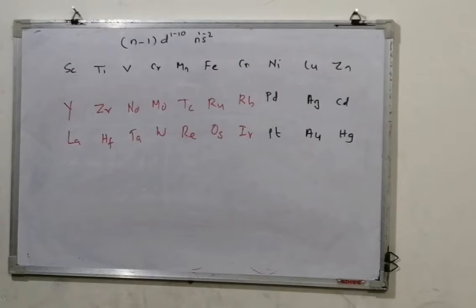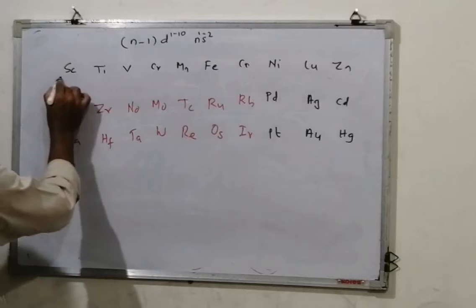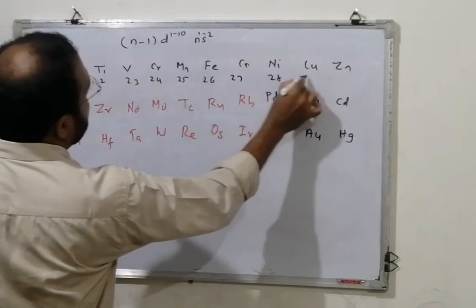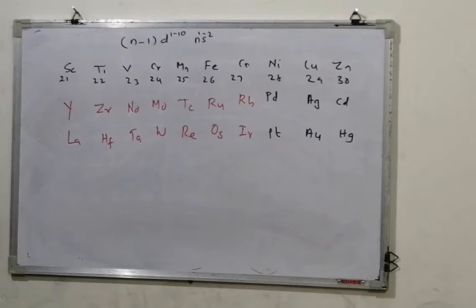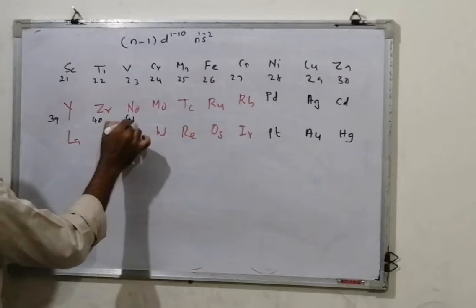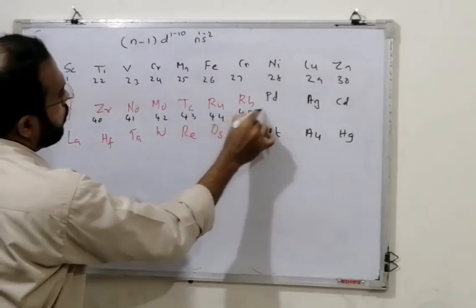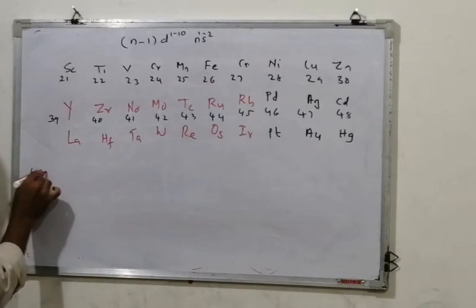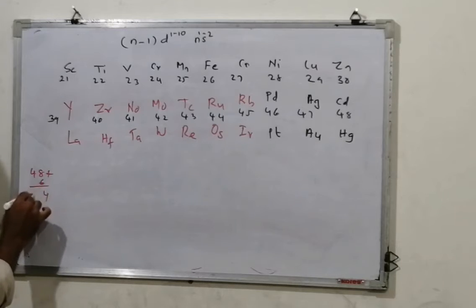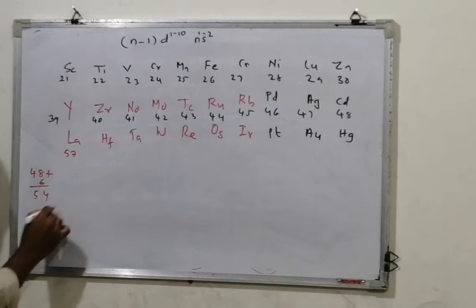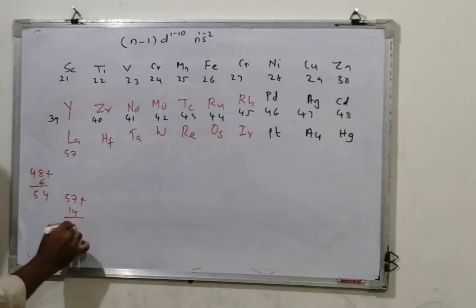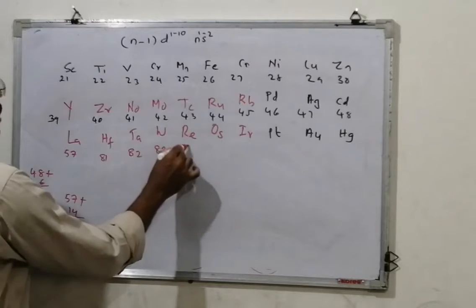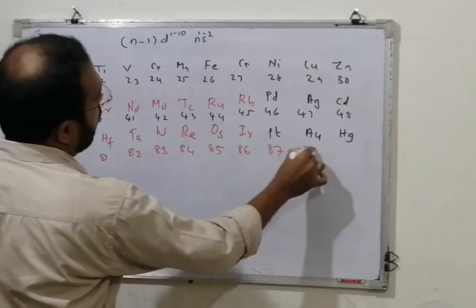Now, this is 21 to 30, then 39 to 48, then 57 plus 14 and 81 to 89.